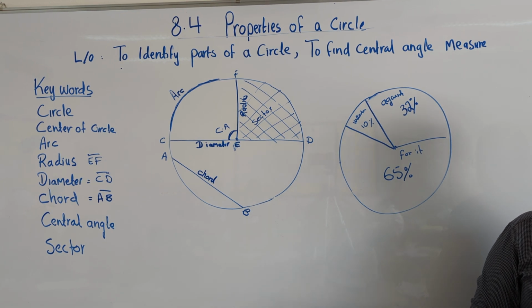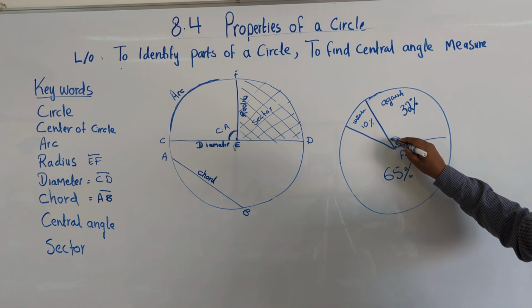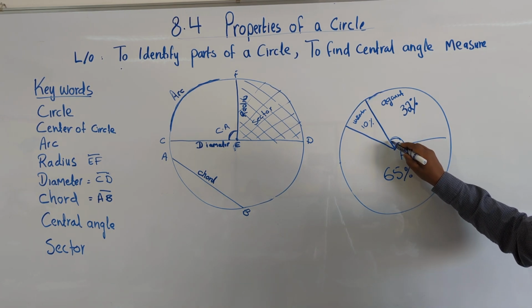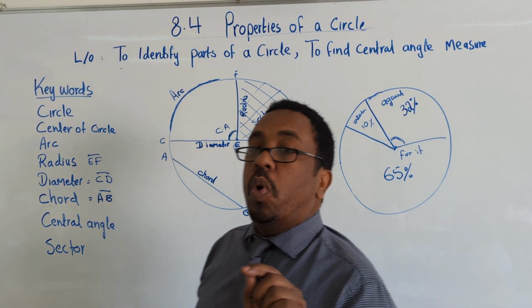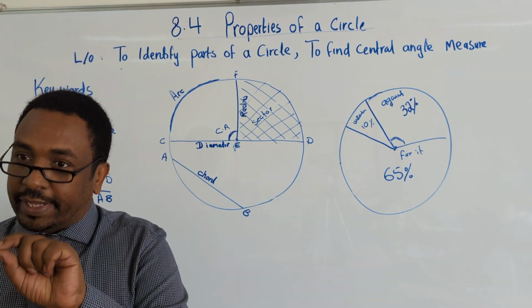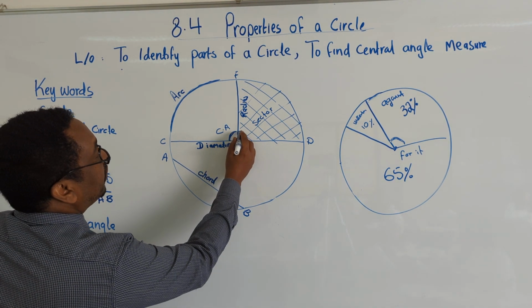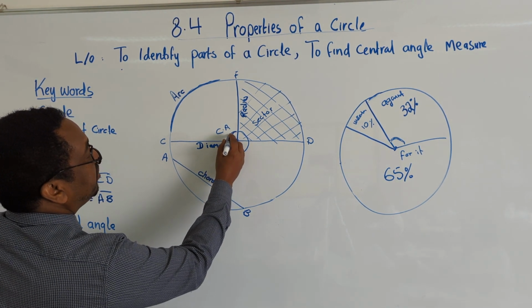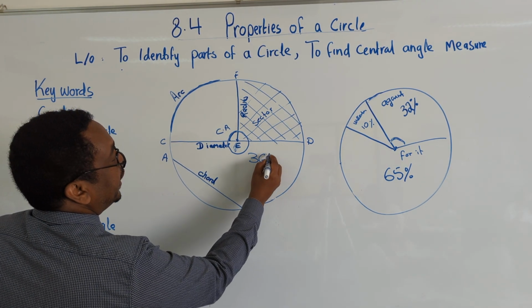Does that make sense? So now I could ask you, can you find this angle? First of all, you need to know angles in a circle add up to 360. If we look at all the way around the circle, how much does it add up to? 360 degrees.